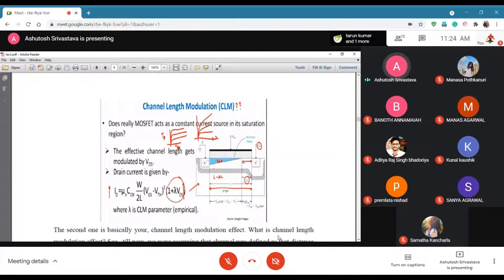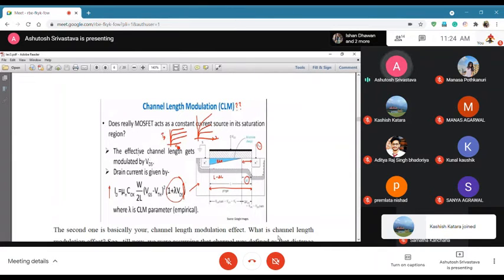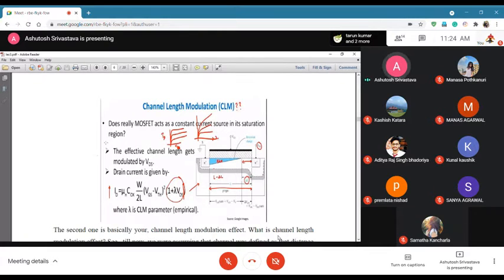Channel length is the length in between your source and drain. So the effective channel length gets modulated by the voltage that you apply between your drain and your source. Remember, this kind of configuration that we are taking is an N MOSFET transistor.